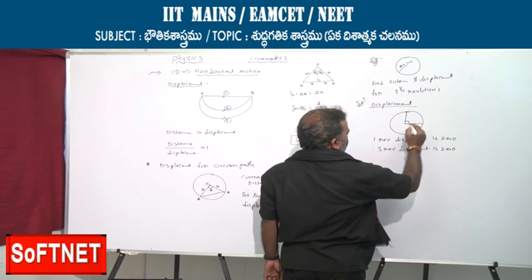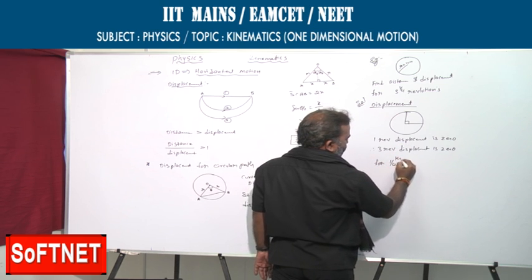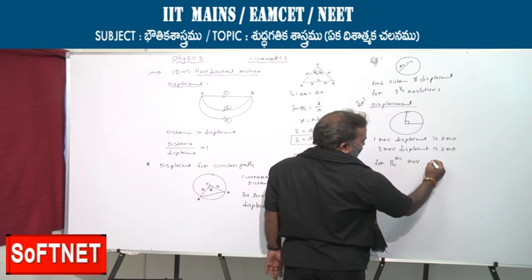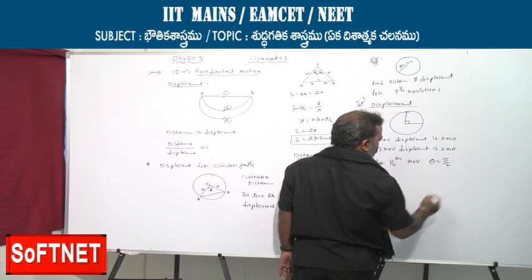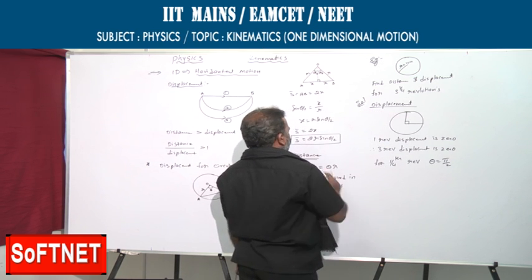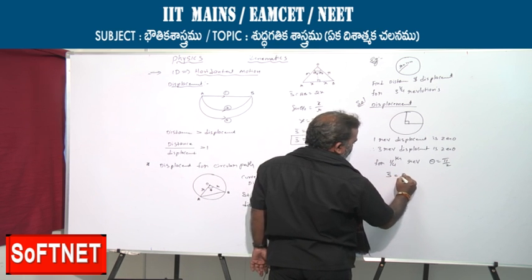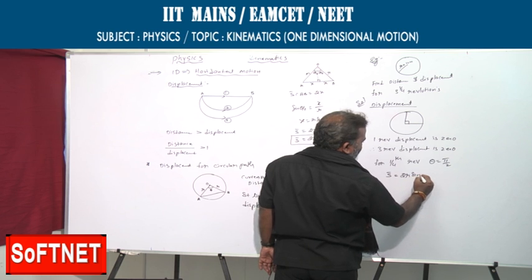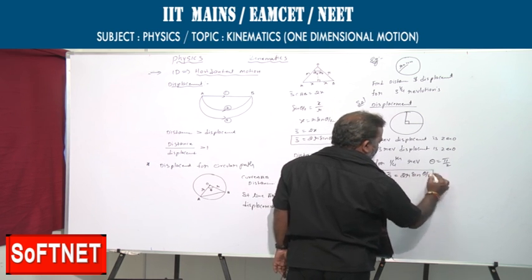For 1/4 revolution, theta subtended at the center is pi by 2. So, put displacement equation, will apply it. S bar equals 2r sine of theta by 2 is the displacement equation.